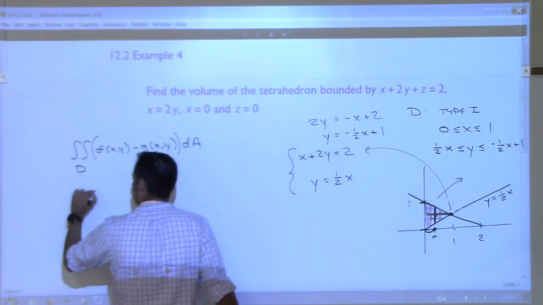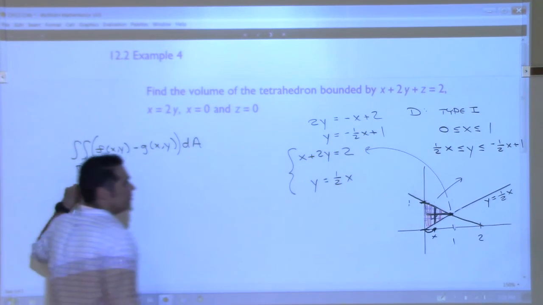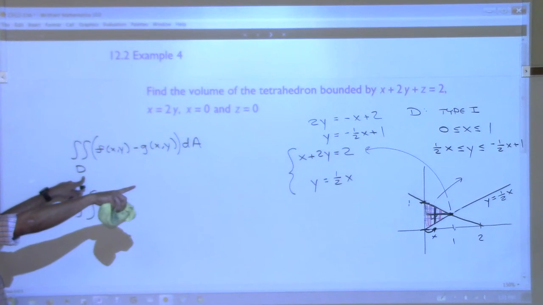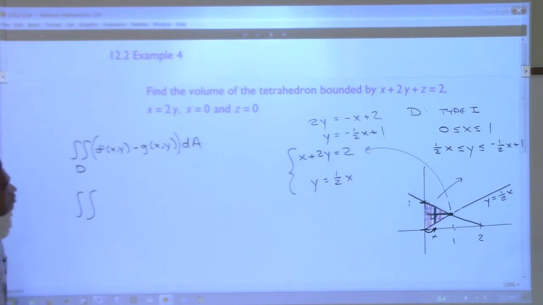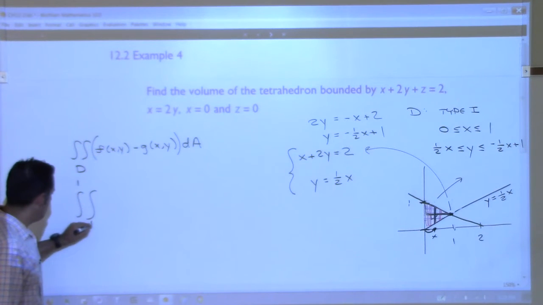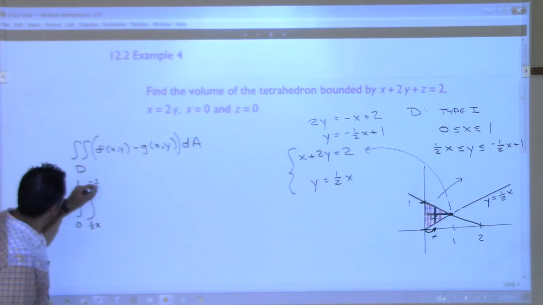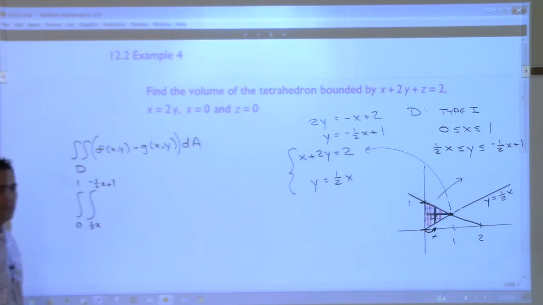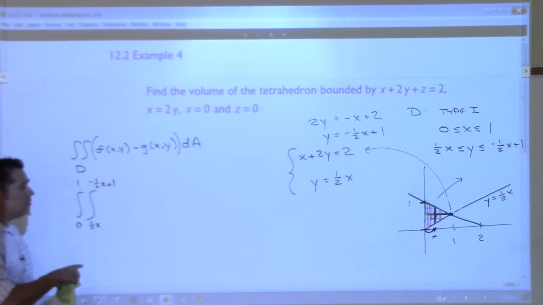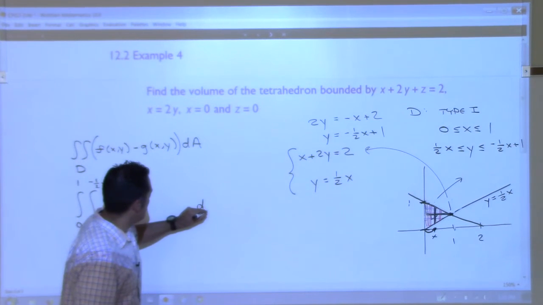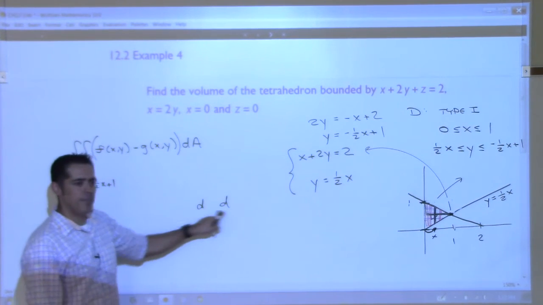Now my D here can be switched over, and I can put limits of integration. Which goes first? The constants go first. 0 to 1 first. Then we do our 1/2 x and negative 1/2 x plus 1 there.